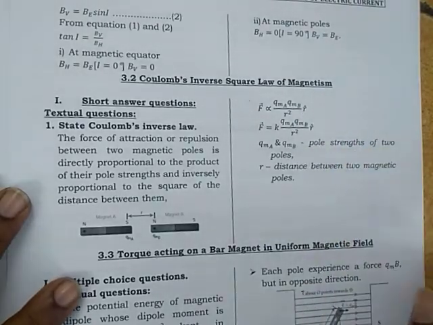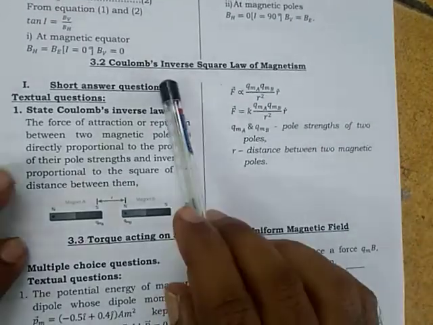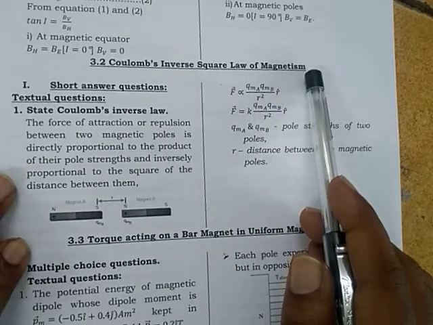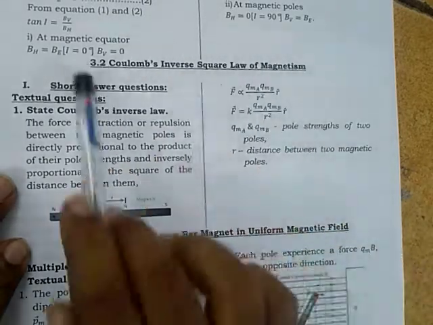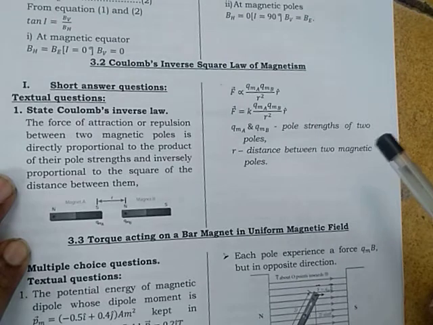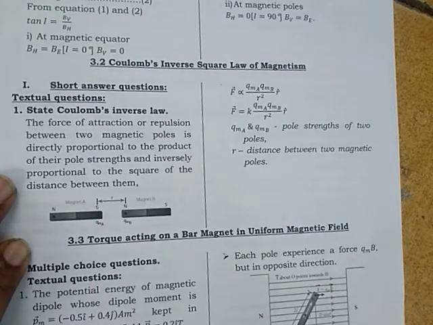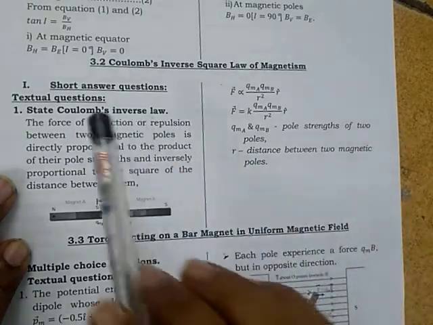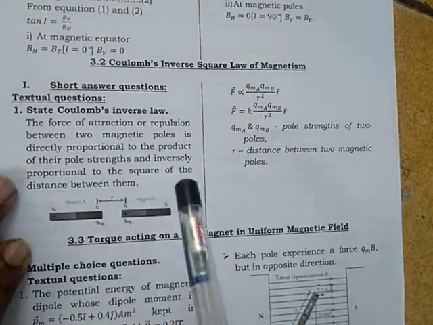Okay, then our next topic, Coulomb's inverse square law of magnetism. We already studied Coulomb's inverse square law in electrostatics, where Coulomb stated that there is a force of attraction or repulsion between two point charges. Here also there is a force of attraction or repulsion between two magnetic poles.